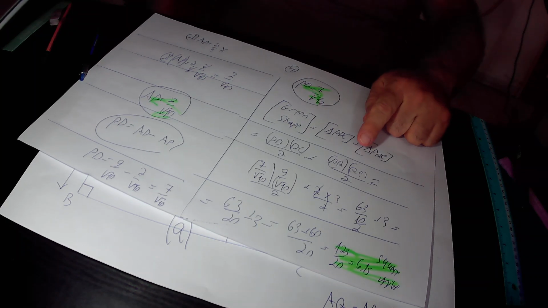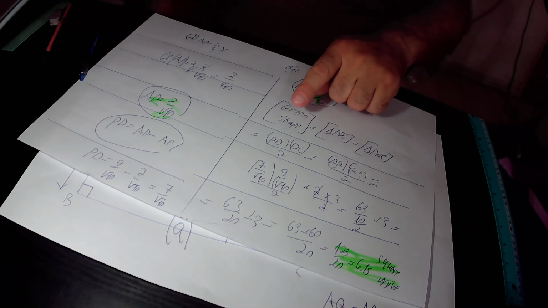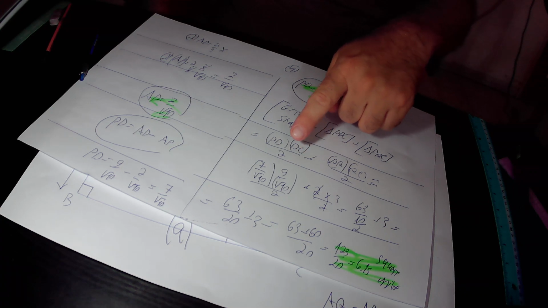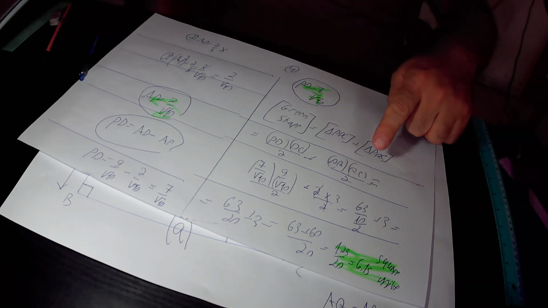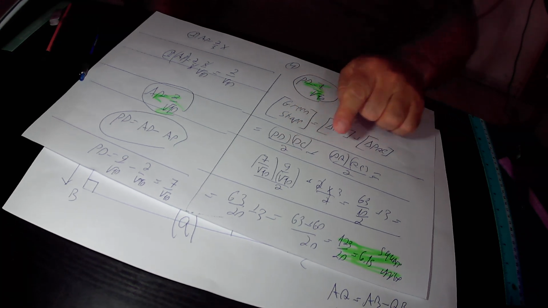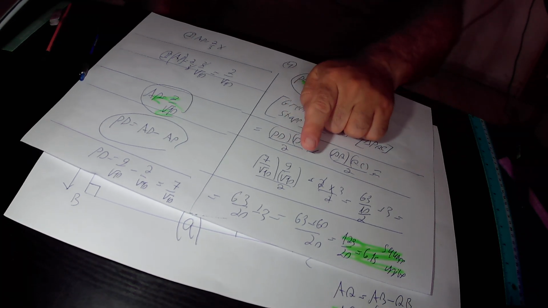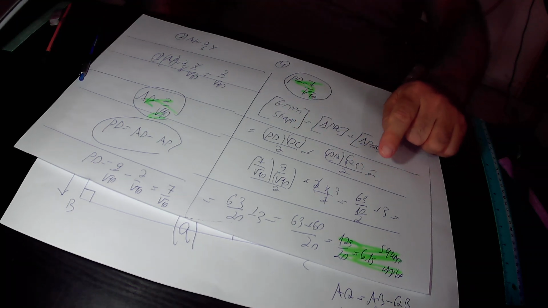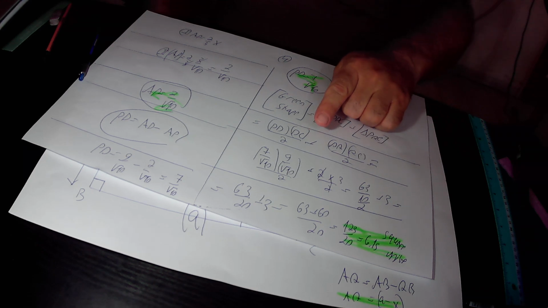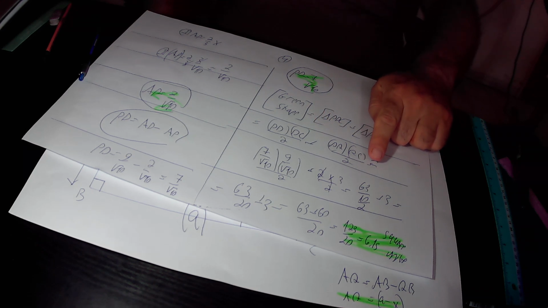PD is 7 over the square root of 10, DC is 9 over the square root of 10, divided by 2. PQ is 2, QC is 3, divided by 2. Here 7 times 9 is 63, the square root of 10 times the square root of 10 is 10, divided by 2. Plus, here 2 gets cancelled, and we are left only with 3. So in total, the area of the green shape equals 63 over 10 over 2 plus 3.